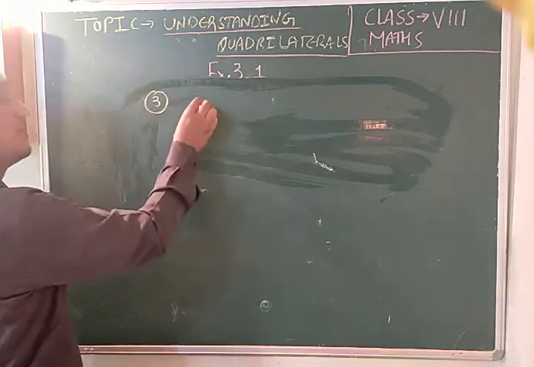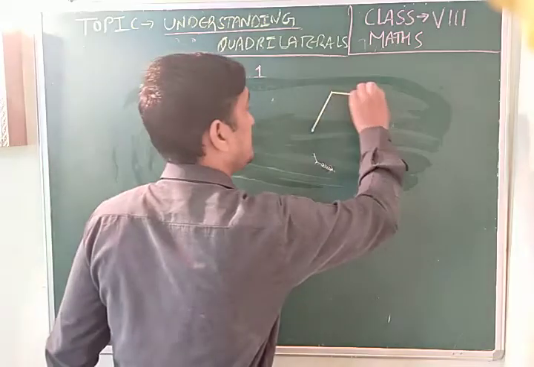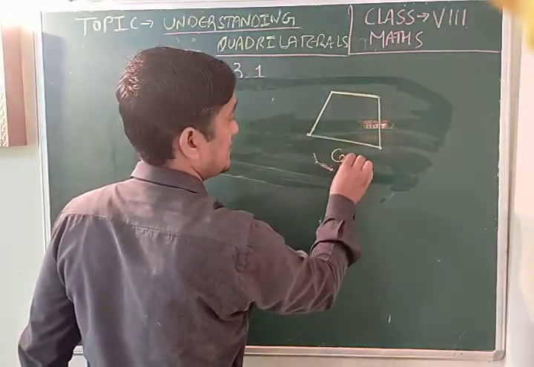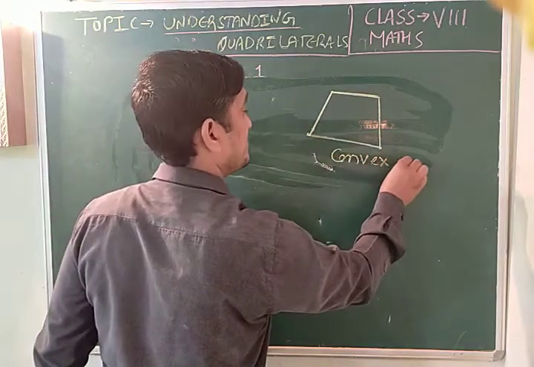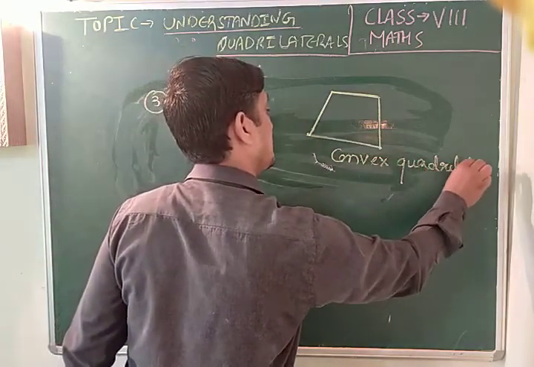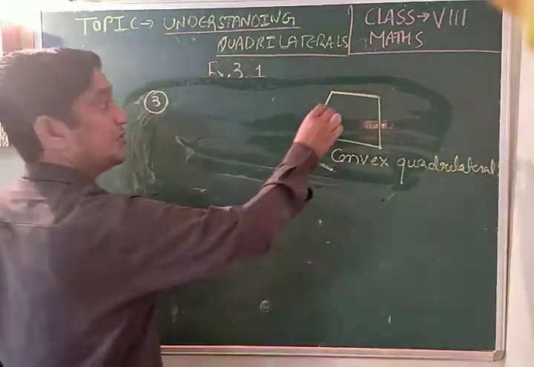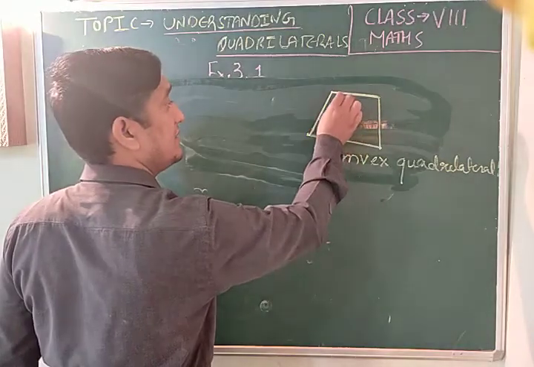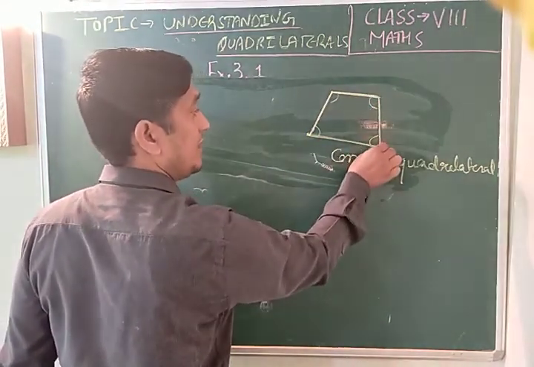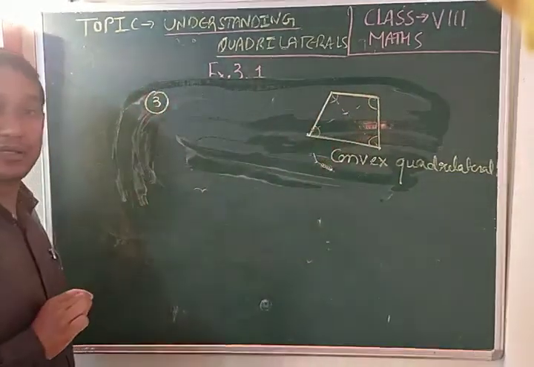Third question. This is a convex quadrilateral, and we know that any quadrilateral which is convex means the diagonals lie inside the polygon.